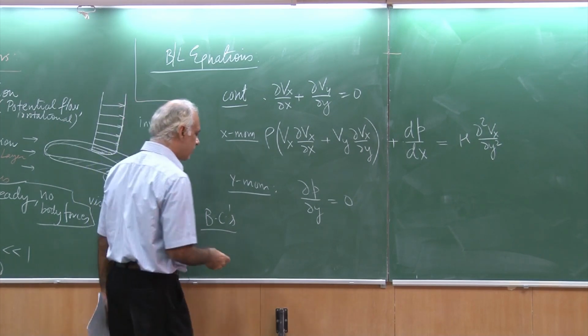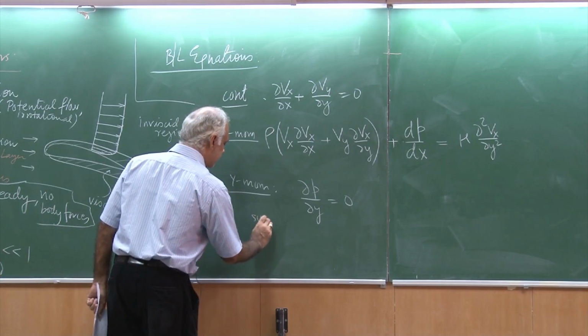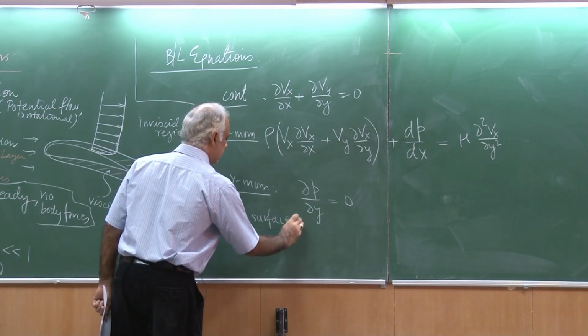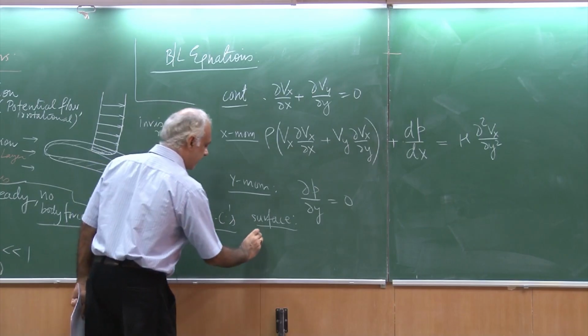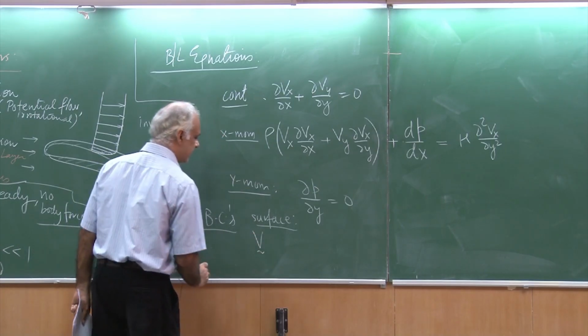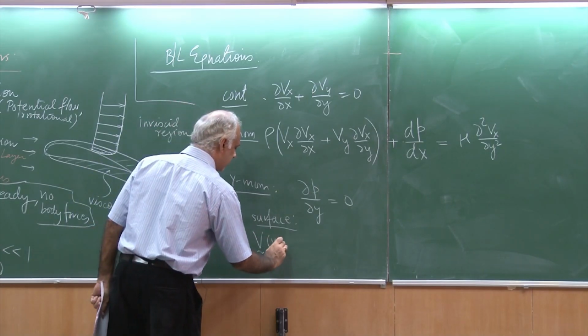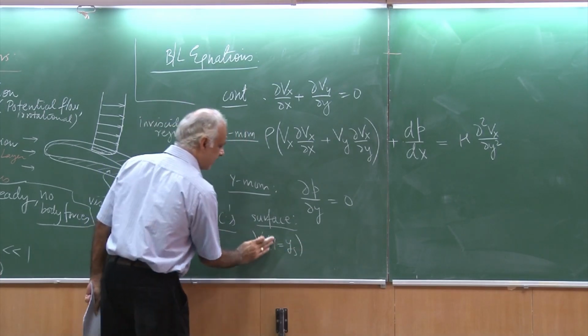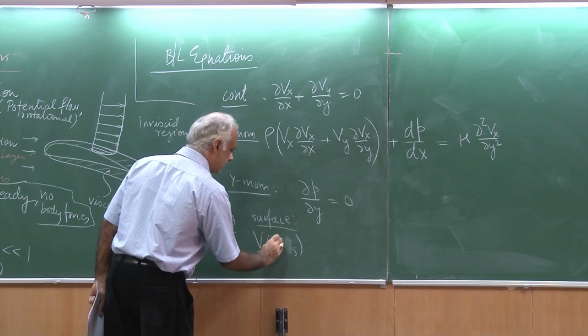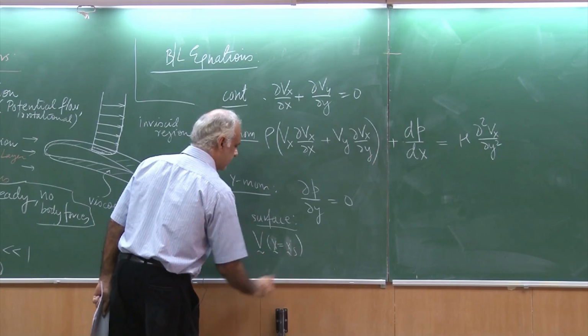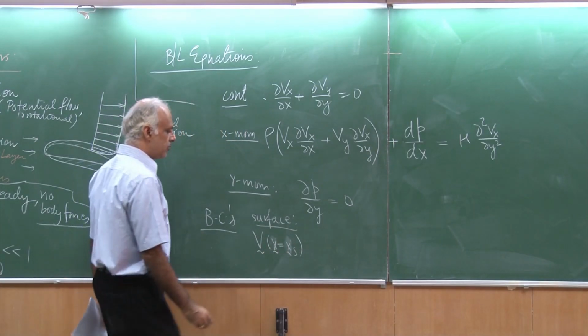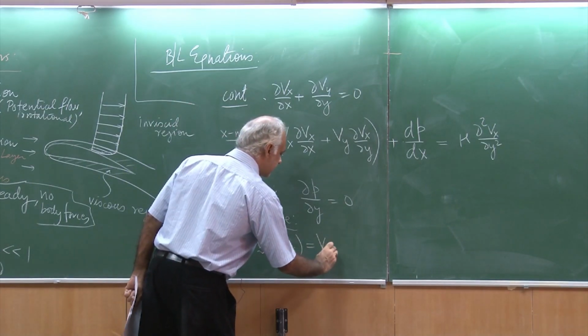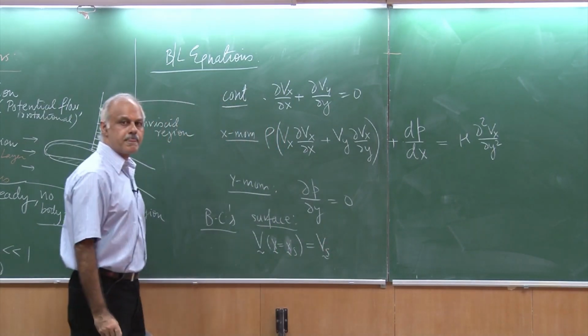On the surface, the velocity at the body surface would be the same as the velocity of the body.